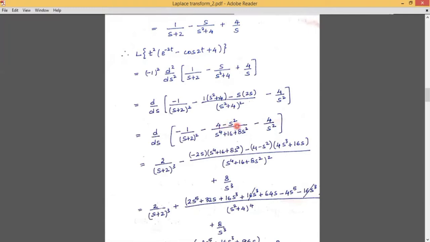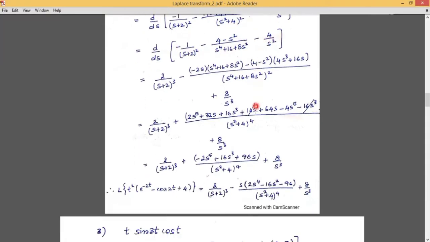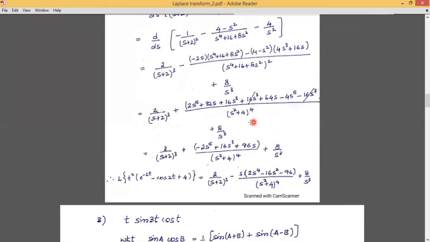You get 4 minus s square. And again, differentiating this with respect to s, you get this. So this is the final answer of the Laplace transform of t square into e power minus 2t minus cos 2t plus 4.